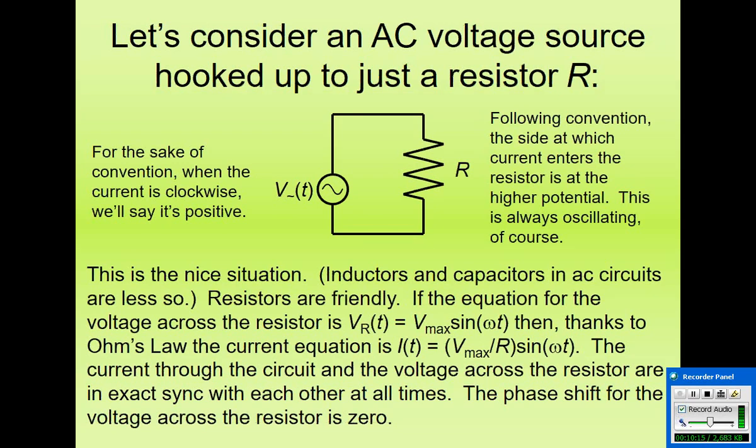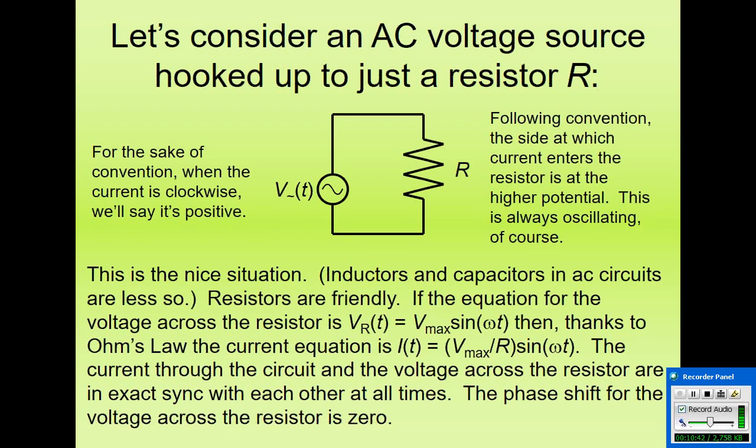Resistors are nice because of Ohm's law. Ohm's law says that the voltage difference across a resistor is equal to the current through the resistor times the resistance. Now, the resistance is a device-dependent quantity. It doesn't depend upon the current in the circuit. Well, as long as it's an ohmic material, and that's all we're looking at.